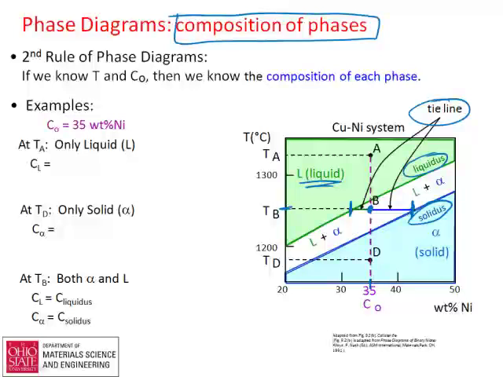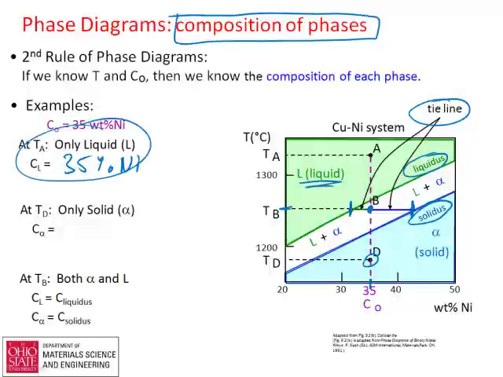Okay, so just to work through the example here on the side. At temperature T sub A, you've got only liquid, and the composition of the liquid is 35% nickel. At T sub D, again, you've got a single solid solution.